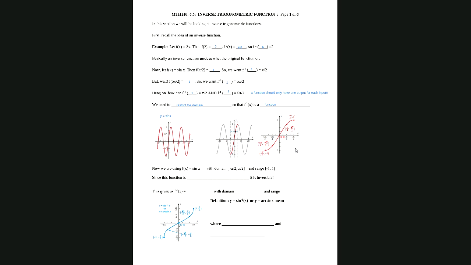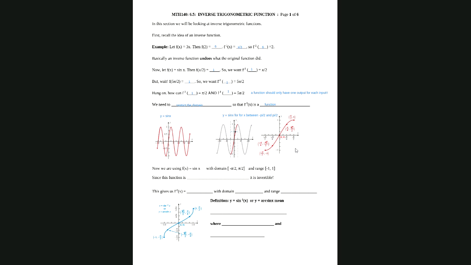And then the final graph is just looking at that a little bit more closely. So now we have a new function. We're looking at f of x equals sine x, and its domain is the numbers from negative pi over 2 to pi over 2, and the range, that's the y values, is everything from negative 1 to positive 1.